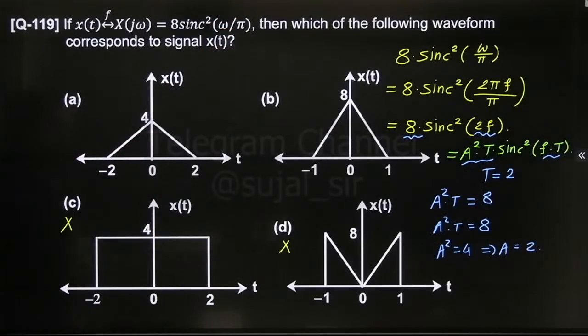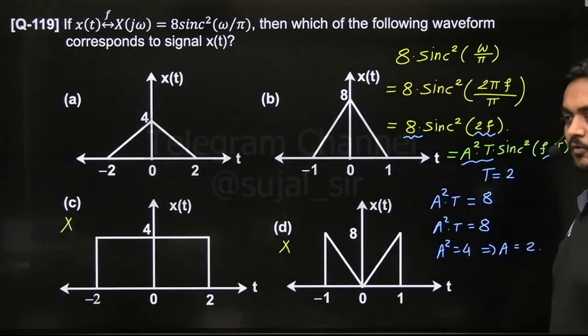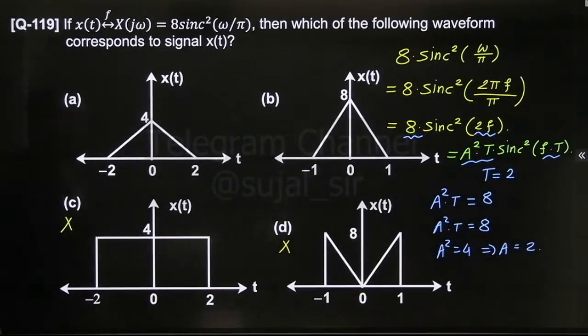So here A should be 2, guys, but here it is given 4. I think here A equal to 4, so just wait for a minute.